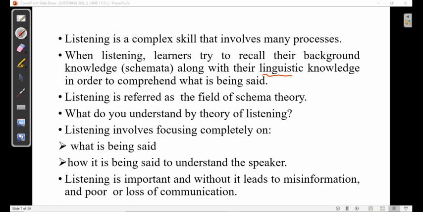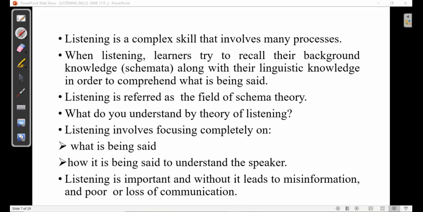For example, when you come to traditional languages, you might find that someone is using a scenario of maybe an elephant or an ant to try to tell you something, but if you understand the linguistics of the language, you know that they're not talking about an elephant or an ant. They are trying to mean this and this. That is what leads you to understand what someone is getting to say. So listening is referred to as the field of schema theory.